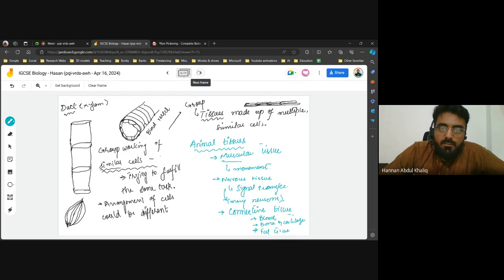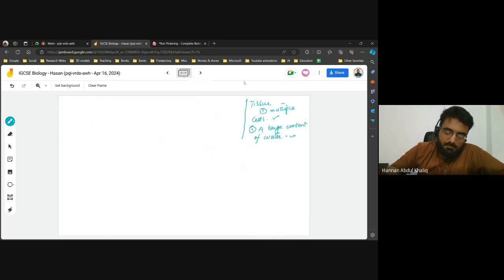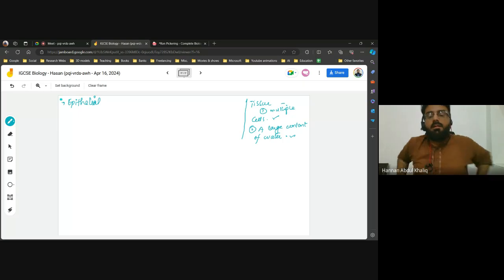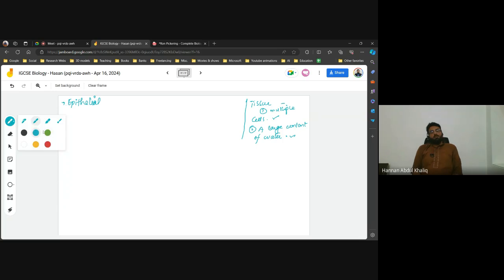The fourth type of tissue is epithelial. Now, what is this epithelial? All right, now remember this word is going to come multiple times in our syllabus and in our understanding.